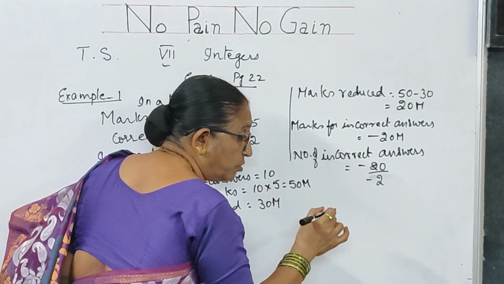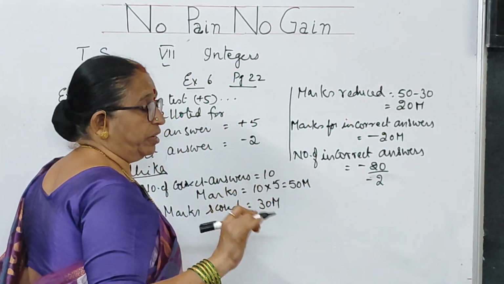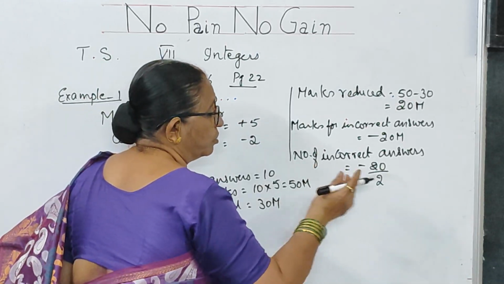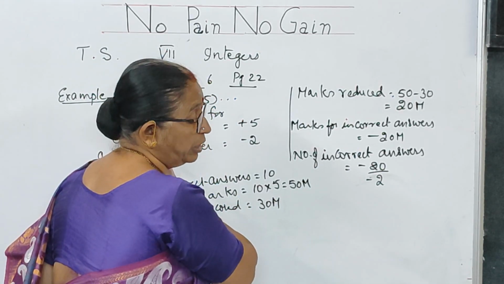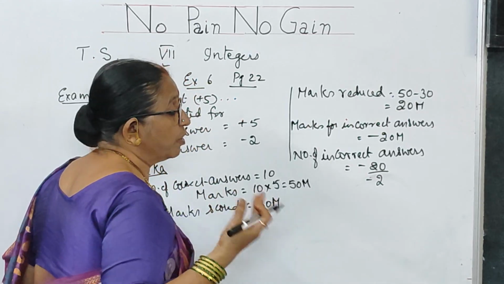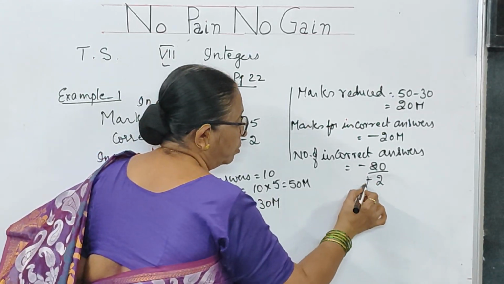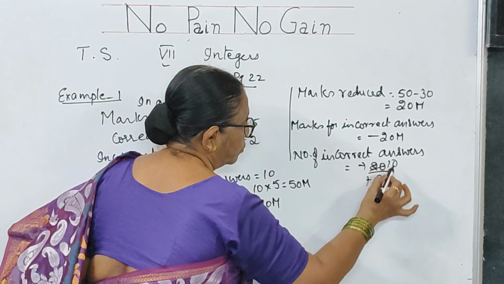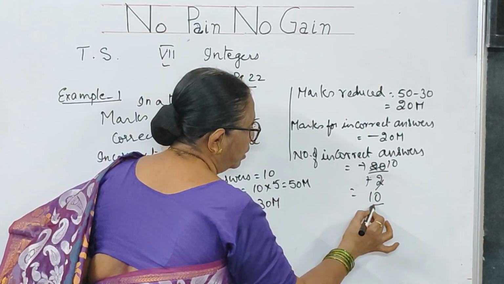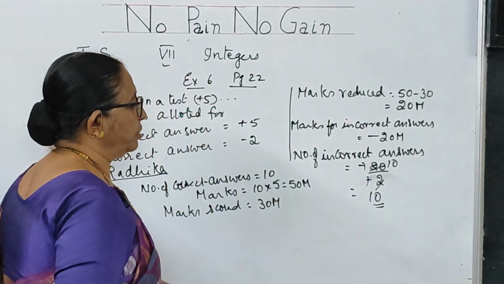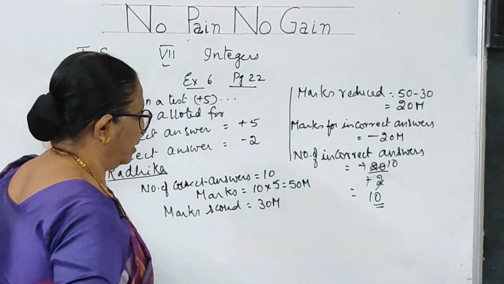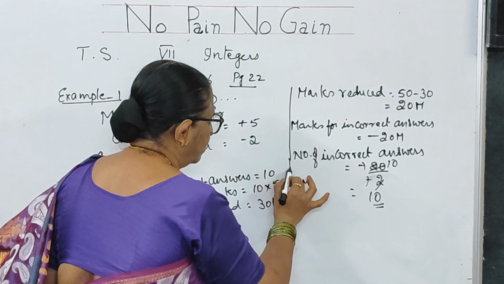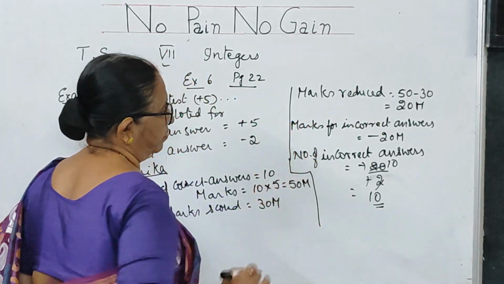Because one question carries minus 2 marks. 20 marks means how many questions? So you have to divide it. 10 are. So how many wrong answers she has attempted, children? Number of incorrect answers, how many? 10. 10 is the answer for this problem.